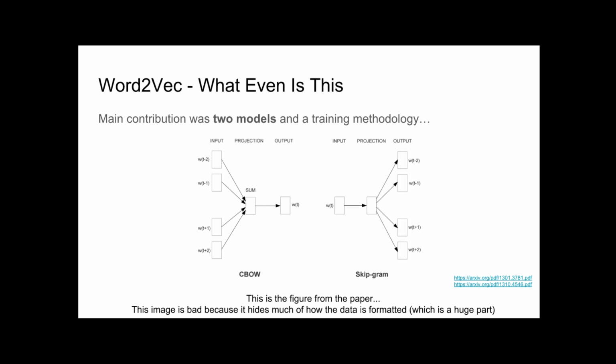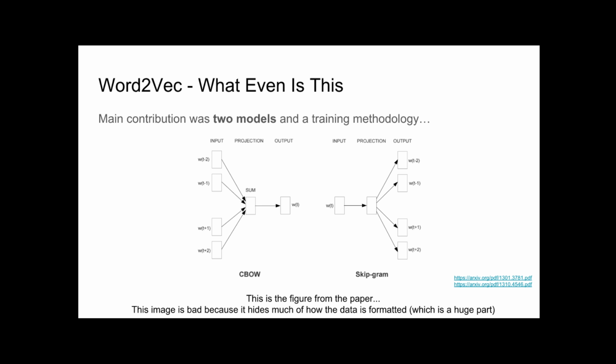The two models that Word2Vec uses: one is CBOW, or continuous bag of words. The reason it's called the continuous bag of words is because everything is treated as a bag of words. You've got a one-hot encoding here, and a one-hot encoding on the output.